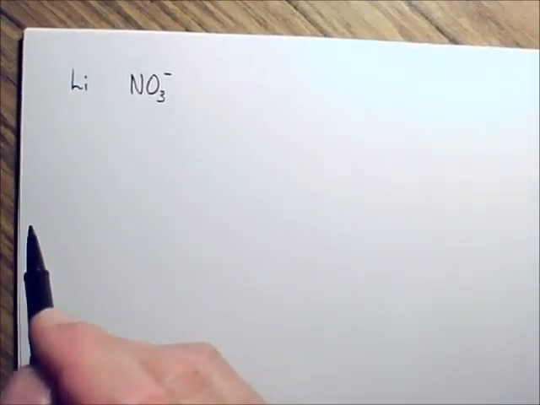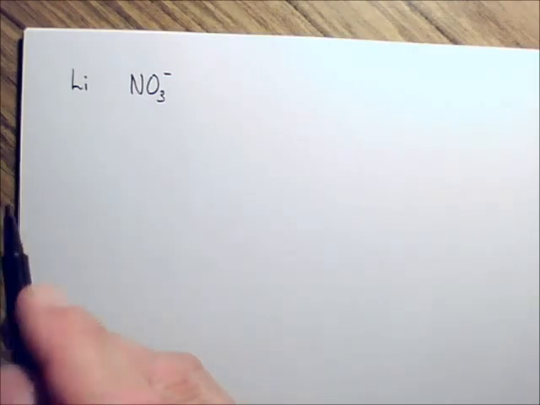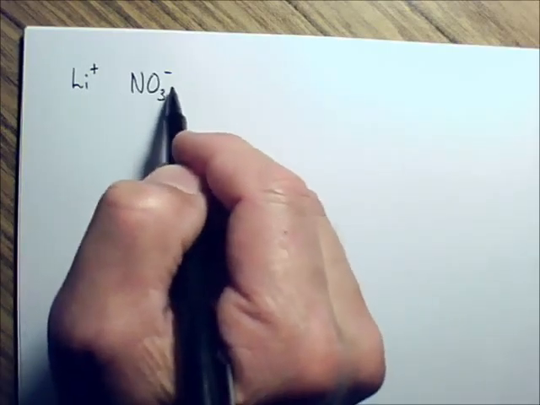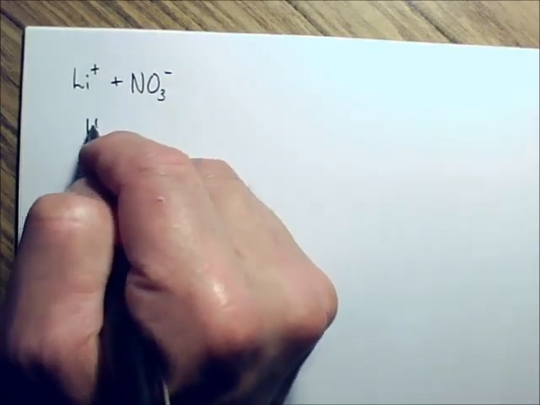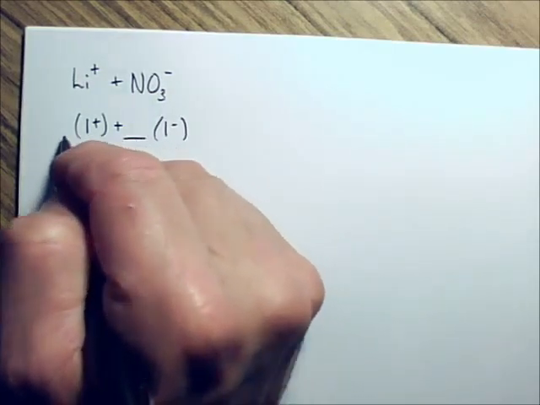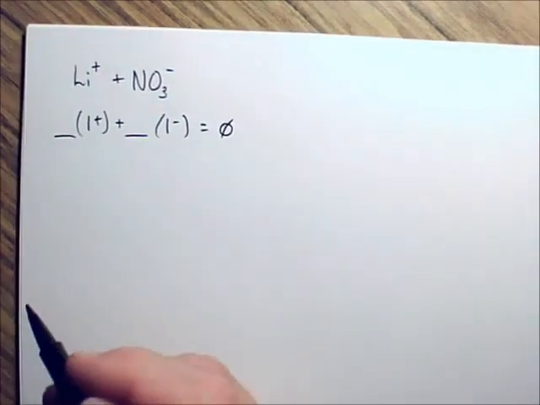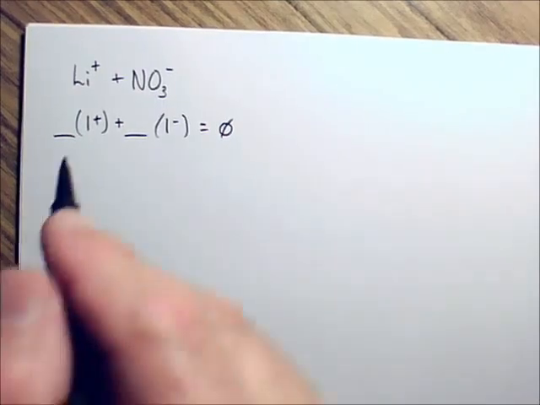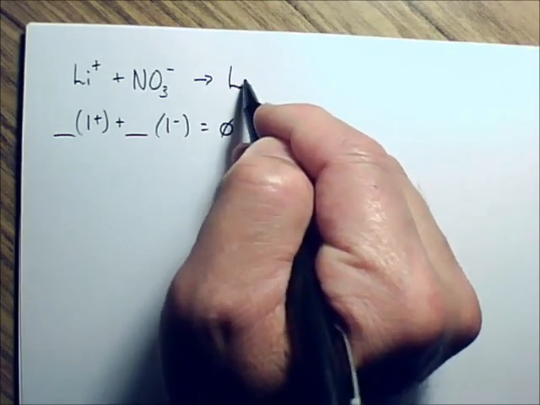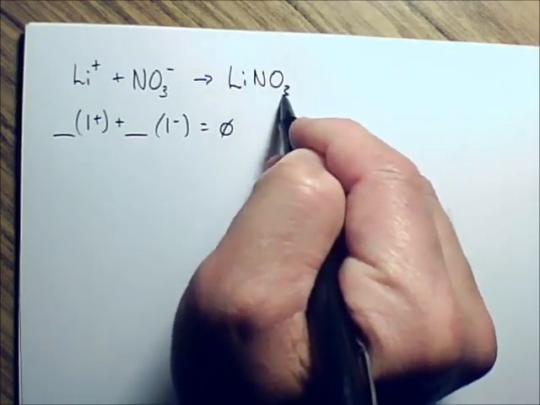What charge does the lithium have? 1 positive. Found that on the periodic table with oxidation numbers, and this on the common ions list. So that's a 1 plus charge and a 1 negative charge. So what coefficients do I need? None or ones. So this is just going to go together just like that. And there's the formula.